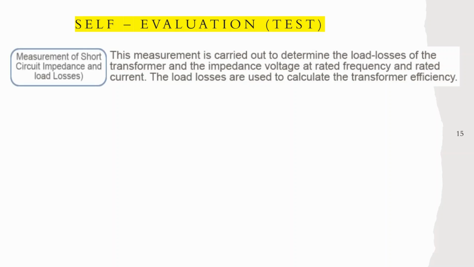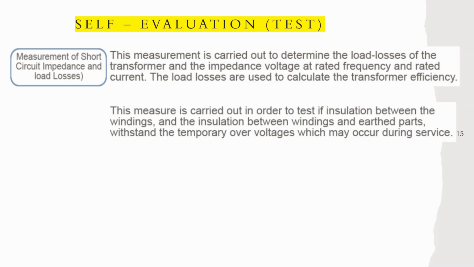Measurement of short circuit impedance and load losses. That's the answer. Next, this measurement is carried out in order to test if the insulations between the windings, and between windings and earth parts, withstand the temporary overvoltages which may occur during service. Again, what is your answer?